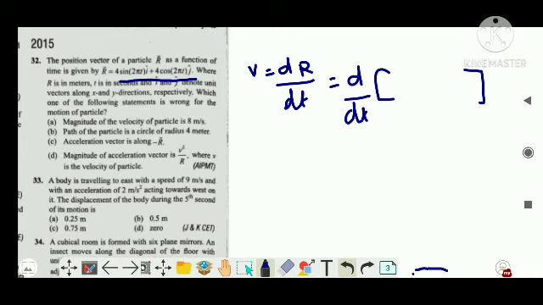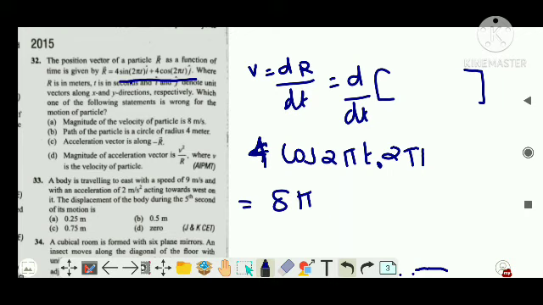See, 4 sine, that 4 is constant, right? Then there is sine. What is the differentiation of sine? It is cos, right? Cos 2 pi t. Now it's not over. You have to differentiate 2 pi t also. So there is a 2 pi along with it. So this is the first term differentiation. So you will get 8 pi cos 2 pi t for the first term.